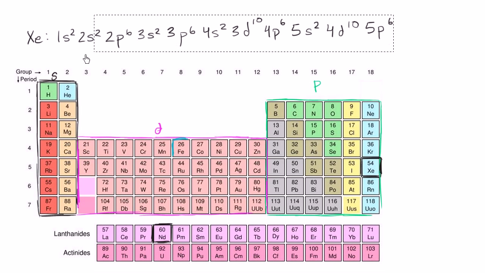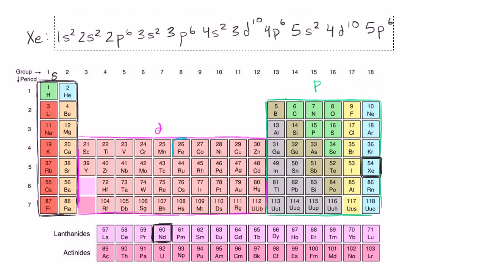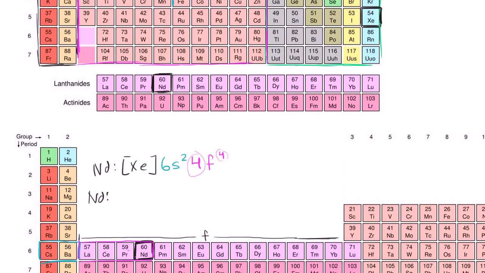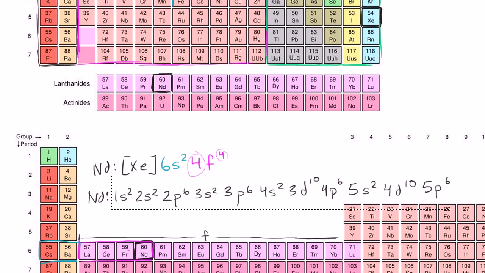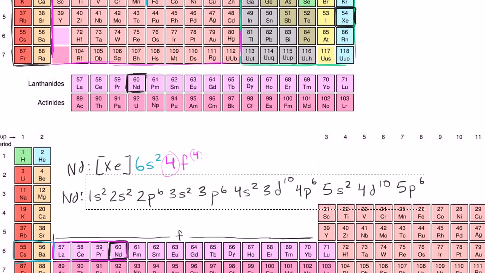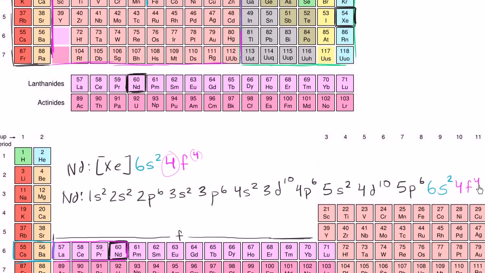So to write all of that, and then to add to that the 6s2 and the 4f4. And so hopefully you appreciate that this is a slightly more efficient way to write it.